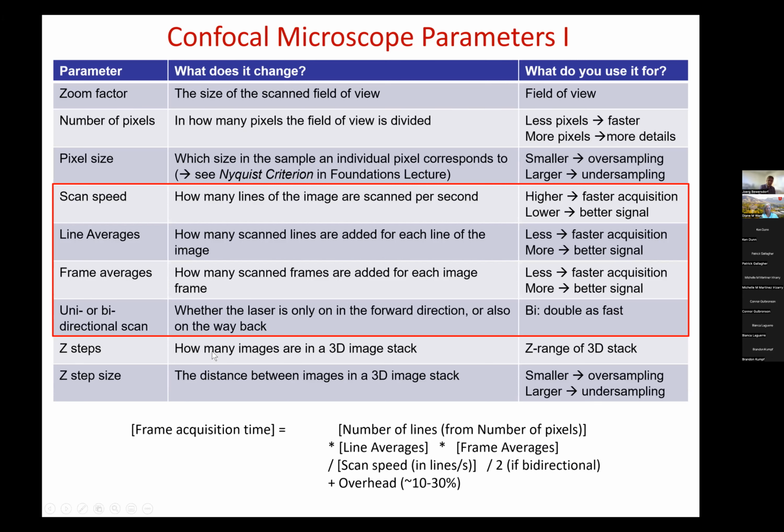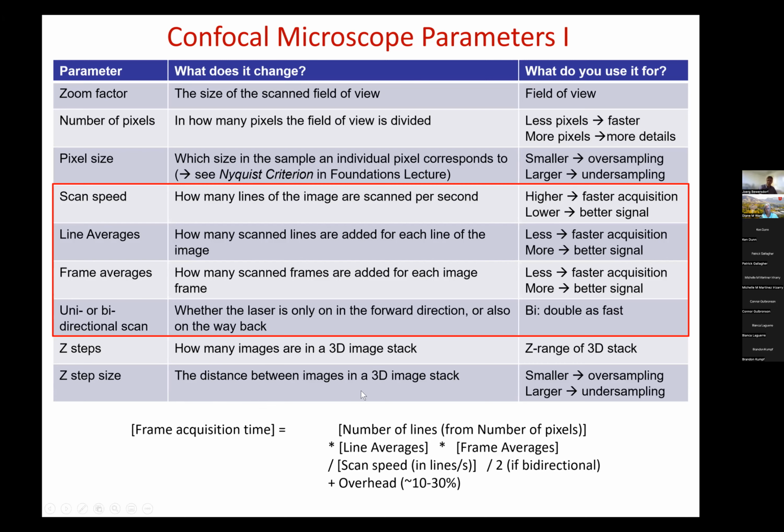But first, here I want to show how these parameters all will impact how long it will take you to take a single 2D image. So the frame acquisition time is equal to the number of lines that you chose to scan. So that's based on the pixel size. So let's say if it's a 1024 by 1024 image, you need to scan 1024 lines, right?